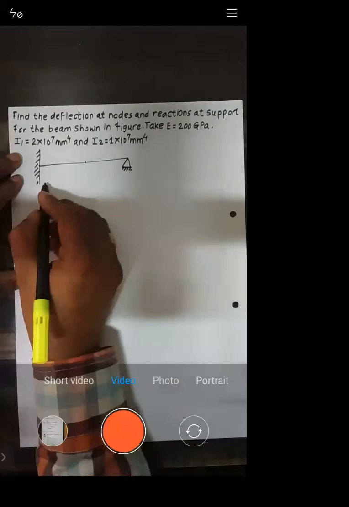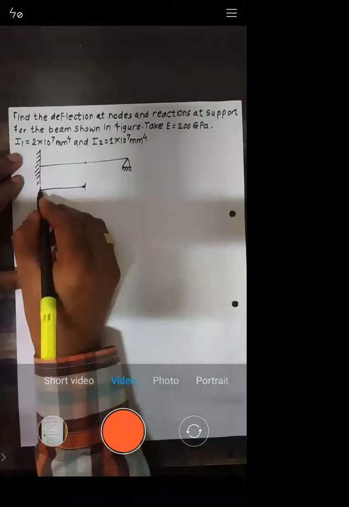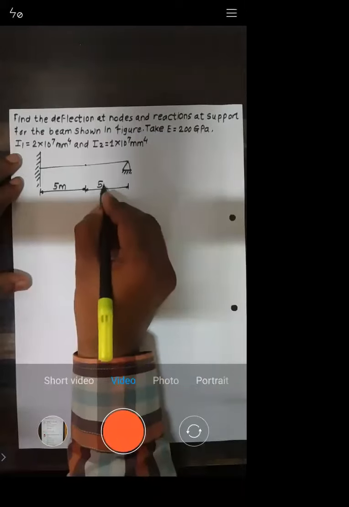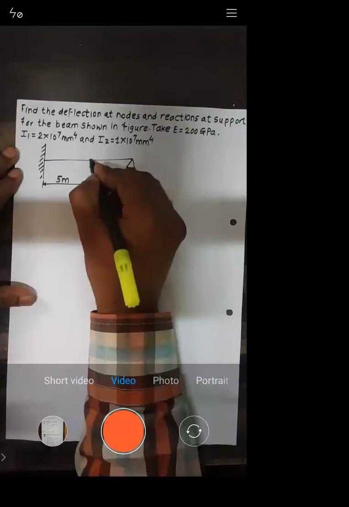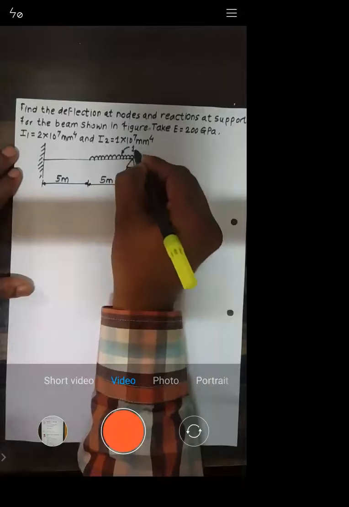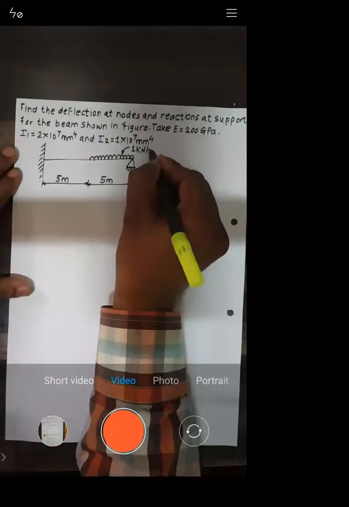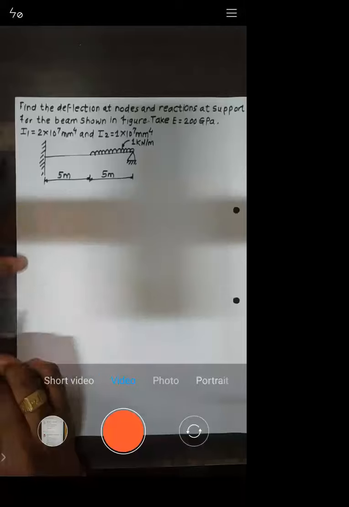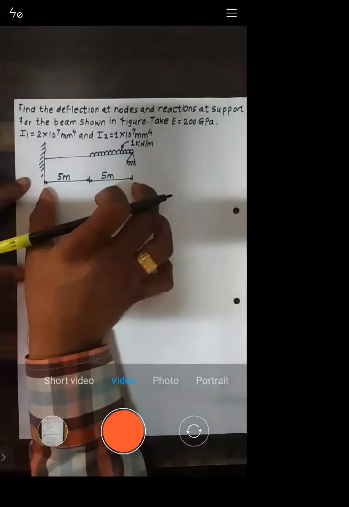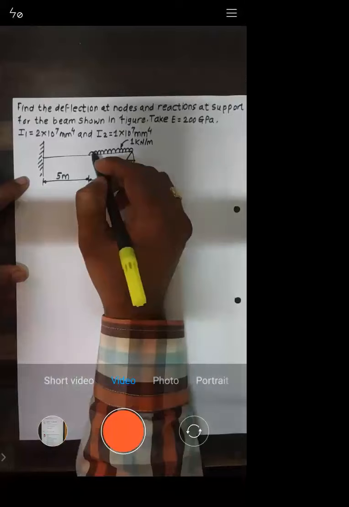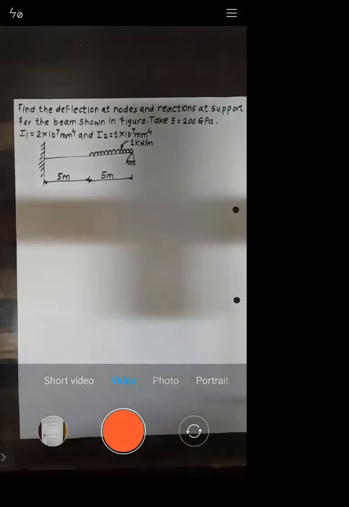For the first 5 meter you won't have any load, and for the rest of the 5 meter you have a uniformly distributed load with the intensity 1 kilonewton per meter. The total length of the beam is 10 meter. So for the initial 5 meter there is no load, and for the remaining 5 meter there is a uniformly distributed load with the intensity 1 kilonewton per meter.